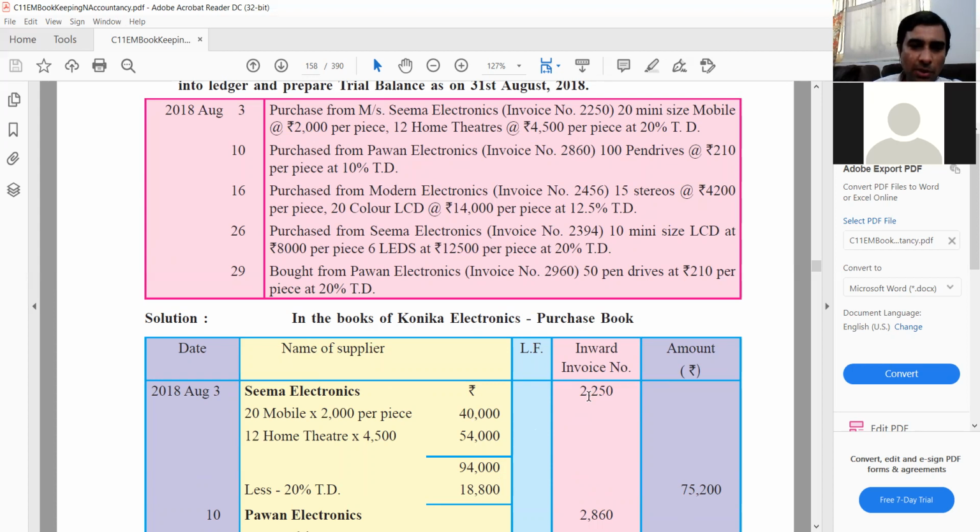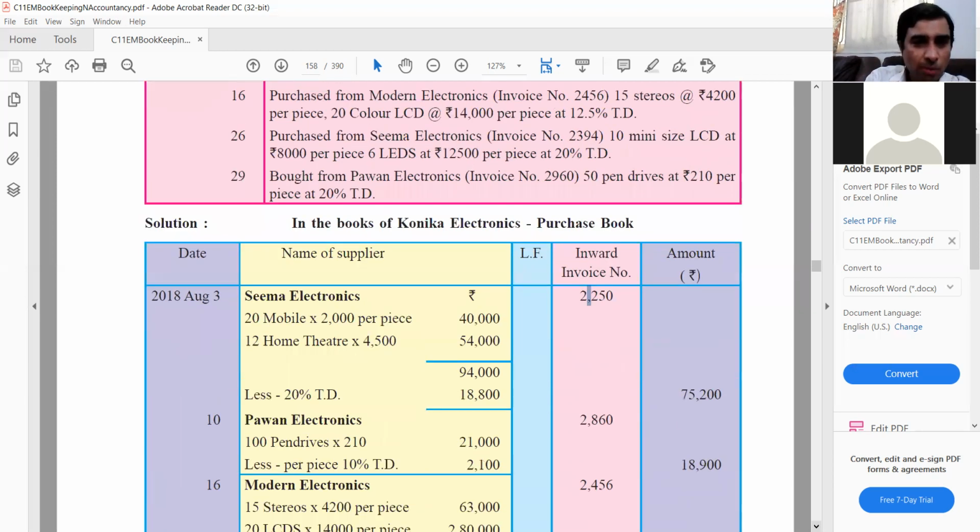There should never be a comma in an invoice number. A comma is there only when it is an amount. So that's an error in the printing of the textbook. If you have your textbook in front of you, please cancel that comma.